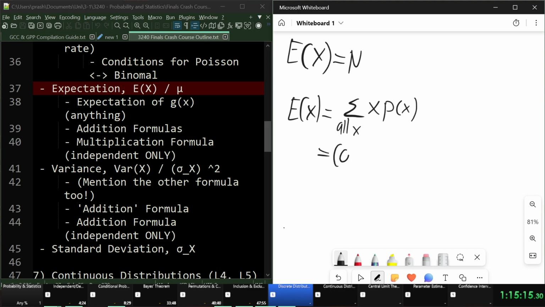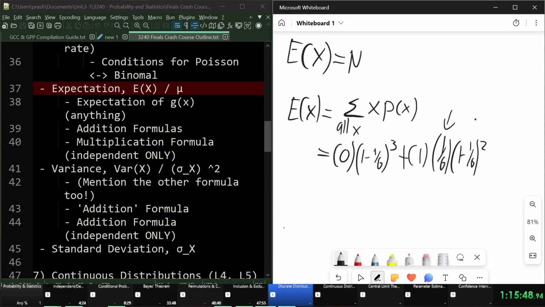If we rolled that many dice and we didn't get a 6 at all, that means we got 1 minus 1 over 6, to the power of 3, because we rolled 3 dice and we failed every time. So this would be the probability that we get 0 6s, plus 1 times, we got 1 6. So that means we've gotten 1 over 6, and we've gotten 1 minus 1 over 6 twice.